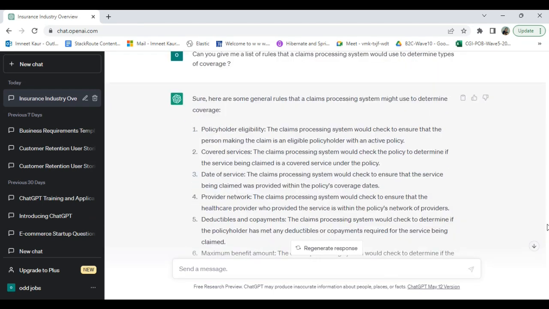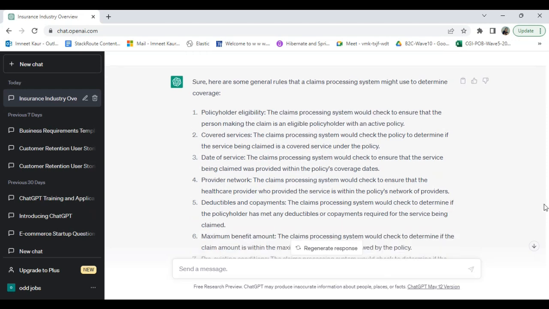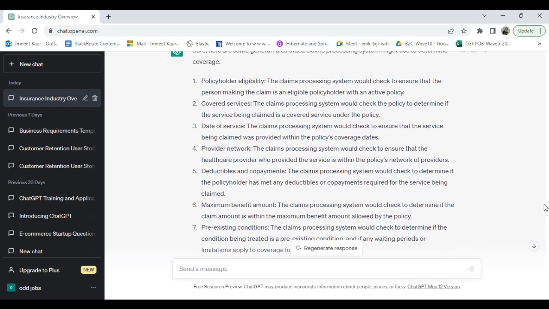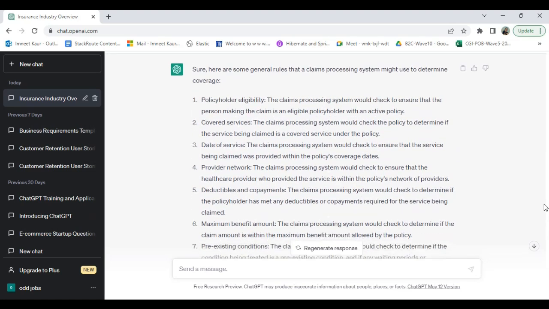So it has given us almost 10 rules, and you can ask ChatGPT to expand any one of them.